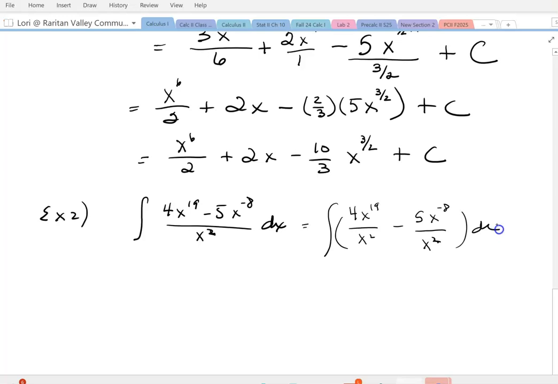So I split it up and then simplify each one. 4x to the 19 over x squared is 4x to the 17. X to the negative 8 over x squared, negative 8 minus 2, that's negative 10.